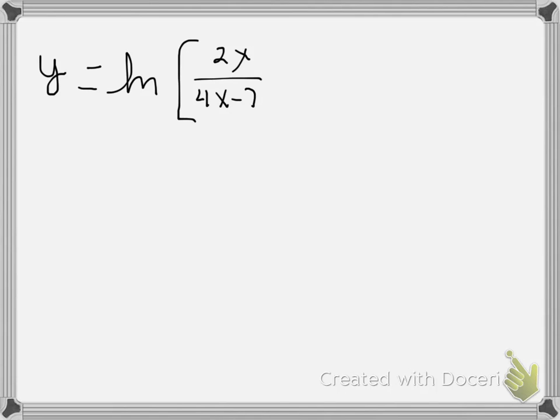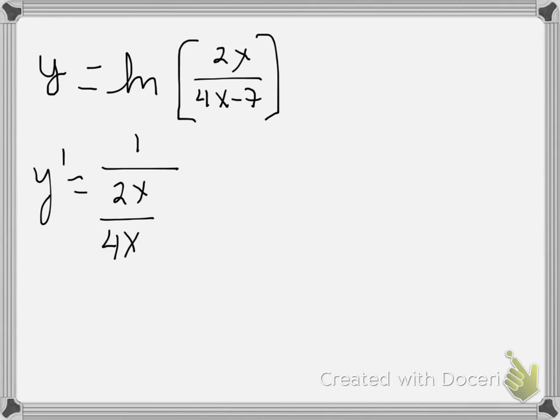Something else to consider is don't forget the chain rule. If we have something like natural log of 2x over 4x minus 7, take the derivative. The derivative of natural log is 1 over whatever's inside the natural log. Now we've got to take the derivative of what's inside that natural log, or the 2x over 4x minus 7.